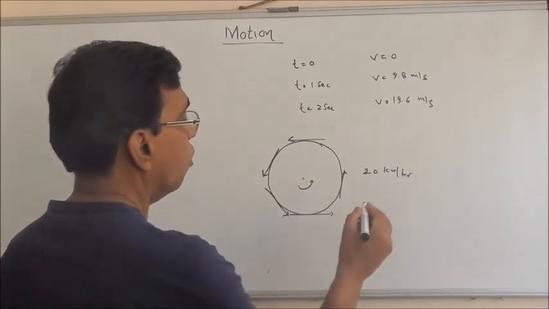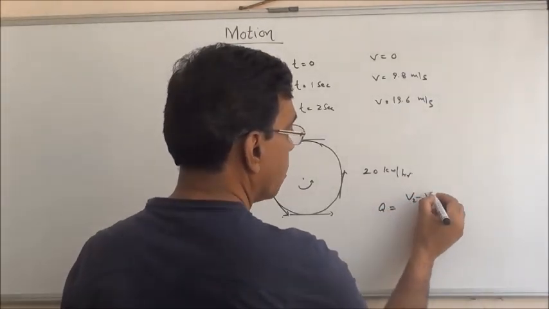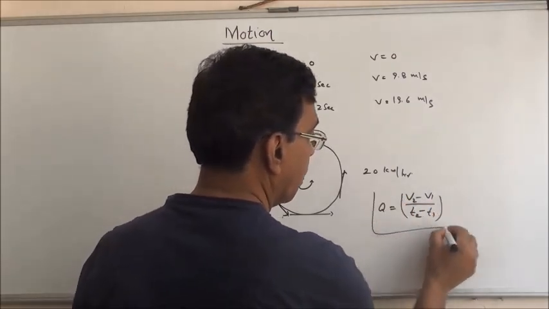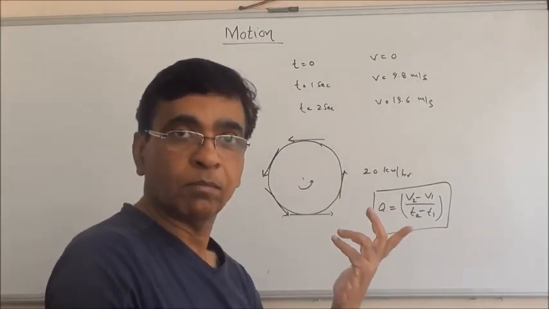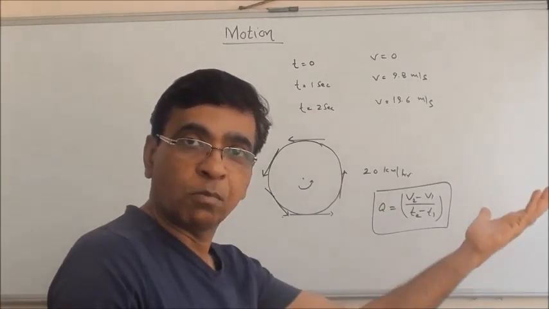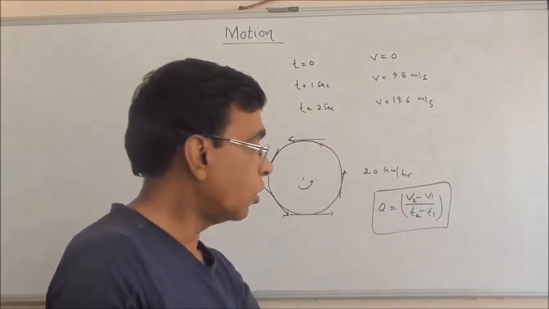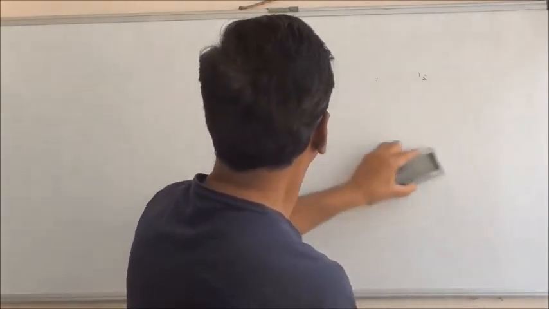Okay, it is denoted by A, or I can write it as V2 minus V1 upon T2 minus T1. This I can write in the form of an expression, change in velocity upon time. Speed is distance upon time. Velocity is also displacement upon time. So giving you the expressions for all these. Okay.